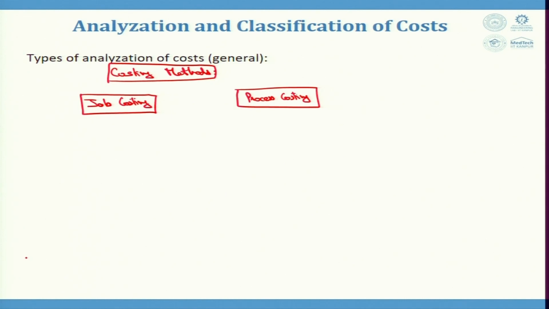Process costing is followed by those ventures where raw material has to pass through certain processes before it is converted to finished goods. A certain example here could be the manufacturing of garments. It has to pass through certain processes, and for each process there is a cost associated with it.